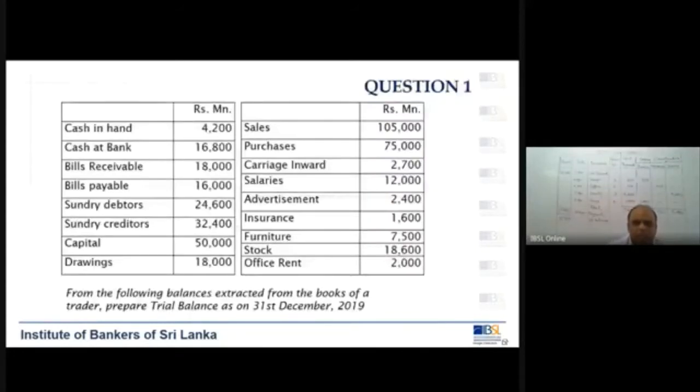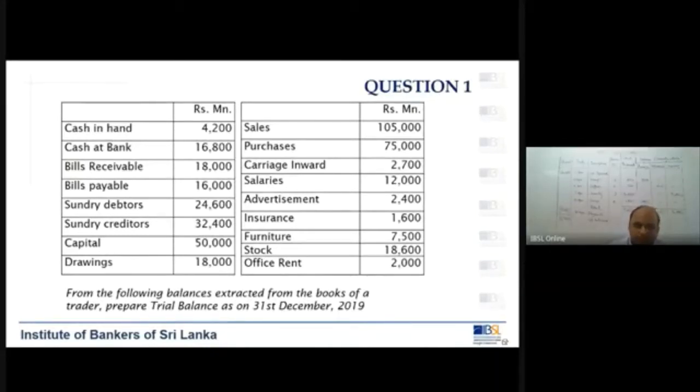So this is a simple question that I am leaving to you all. These are the list of accounts and the balances. Okay, this is a basic question. But when you look at the exam question, you will see how tough it is, because first you need to know what these accounts mean.